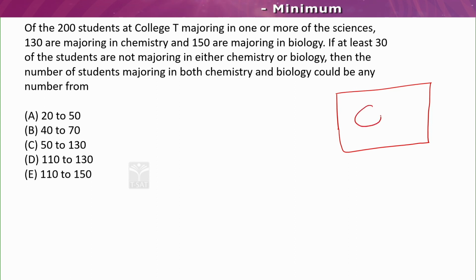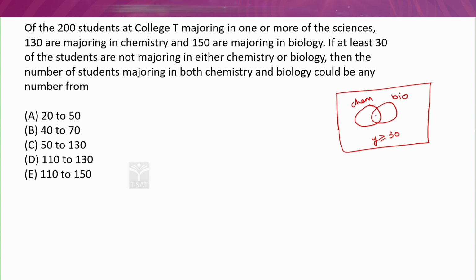So we have students who are majoring in chemistry and students who are majoring in biology. And then there are at least 30 students that are not majoring in either chemistry or biology. Let's say that is y. It is greater than or equal to 30.